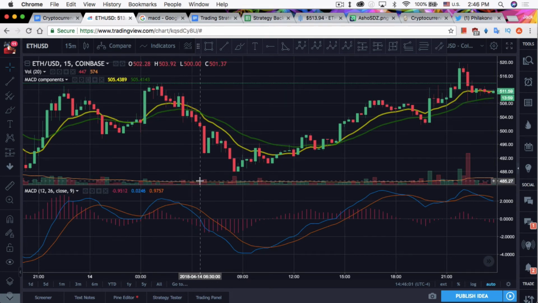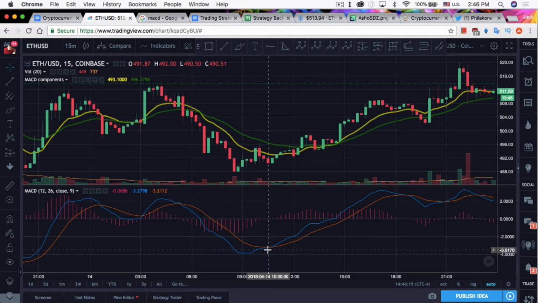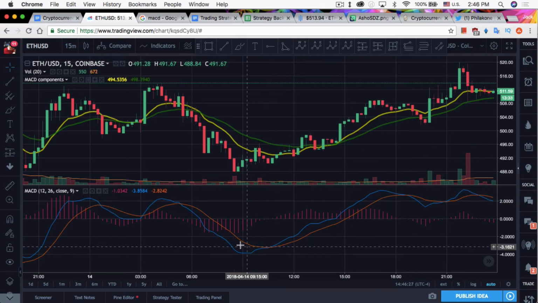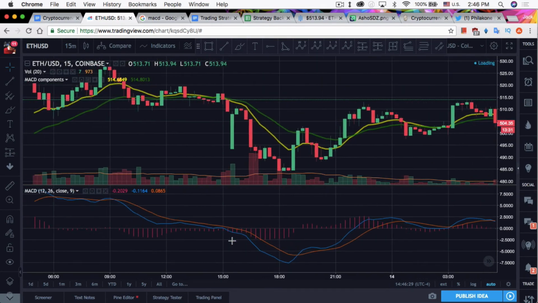But if you buy in when the MACD crosses the signal line in negative territory, you're almost always guaranteed to make a profit. So right over here, you bought in when it's negative 3.51 on the MACD, and then you sell over here, you would have made a profit. And you can just go through this over and over again.